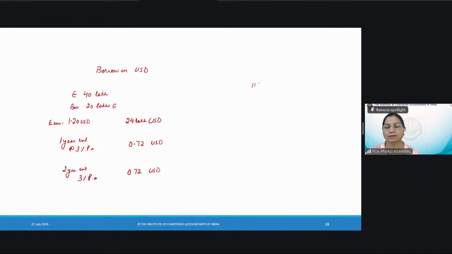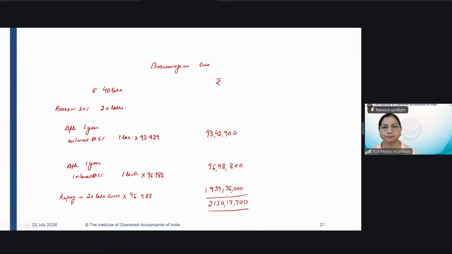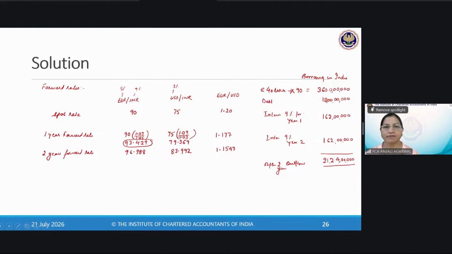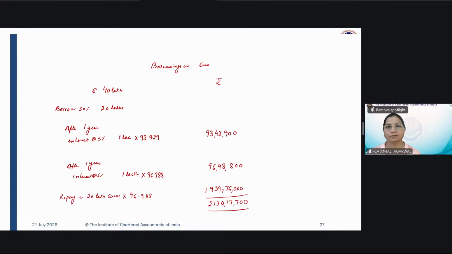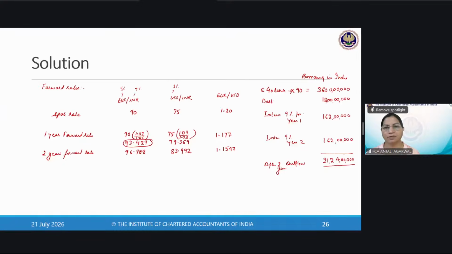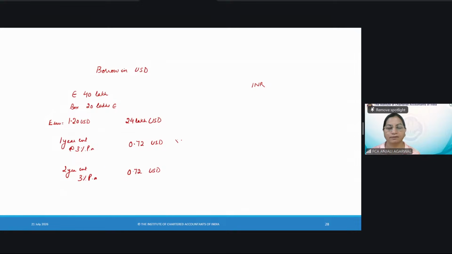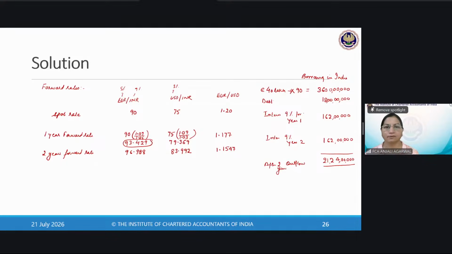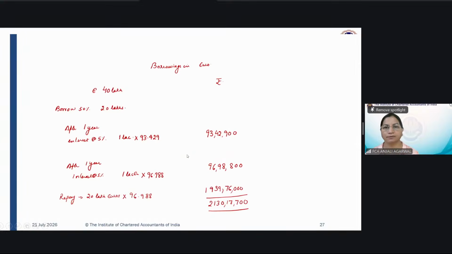Convert it into INR. 75, 79.369, and 83.992. 79.369 and 83.99.